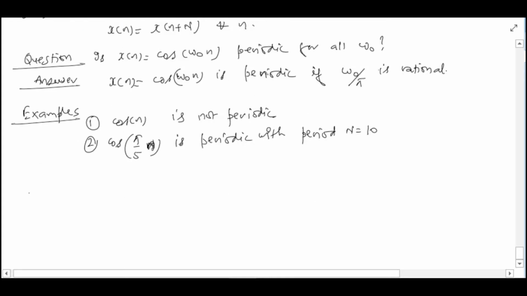Next question. As in the continuous time case, we can ask if we have two periodic signals, will their sum always be periodic? Well, the answer is similar to the continuous time case.